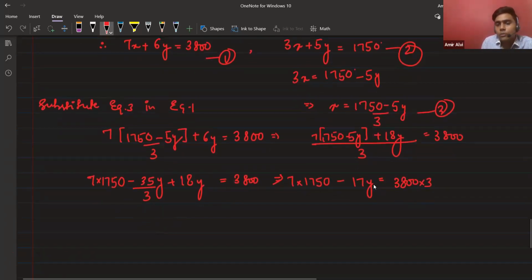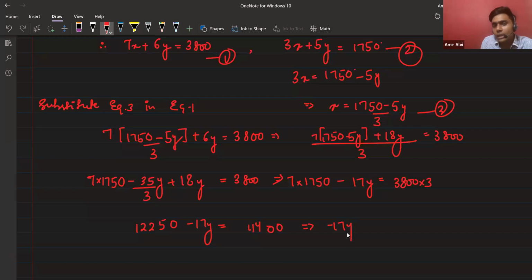Okay. So what we need to do, we just have to multiply. 7 times 5 is 35, 7 times 7 is 49, 49 and 3 is 52, 12,250 is there. Minus 17y equals, this is what? 11,400. Is this clear to all of you? Yes, sir.